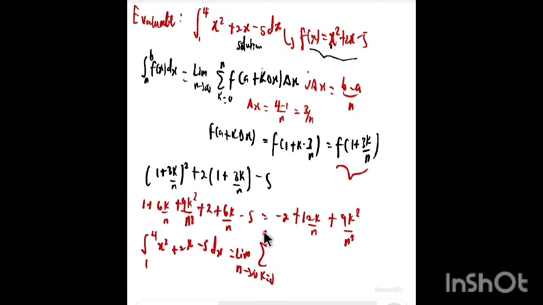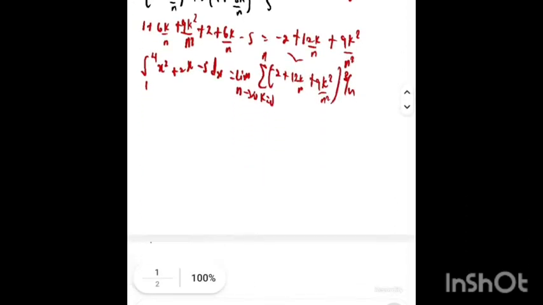Instead of writing f of a plus k change in x, we're going to write negative 2 plus 12k over n plus 9k squared over n squared, then everything multiplied by your change in x, which is 3 over n. That's cool.